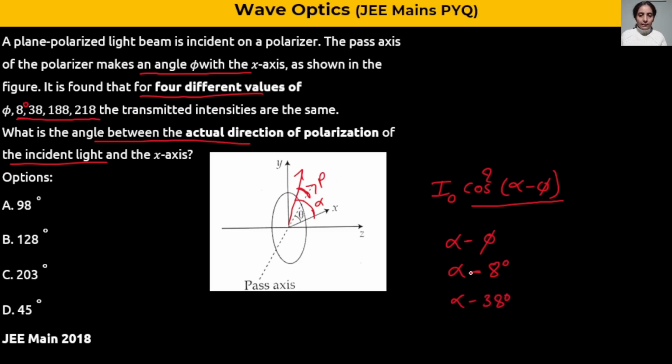So alpha अगर फर्स्ट केस में मैं 98 रखूं, so this will become 90, और उसके लिए तो इंटेंसिटी 0 हो जाएगा। और अगर यहाँ पे 128 रखूं, 128 minus 38, it will give us how much?